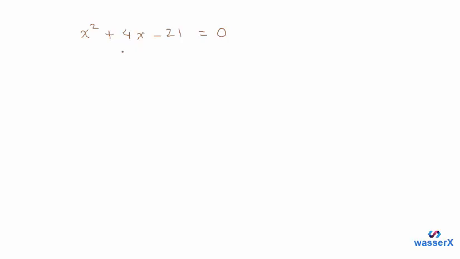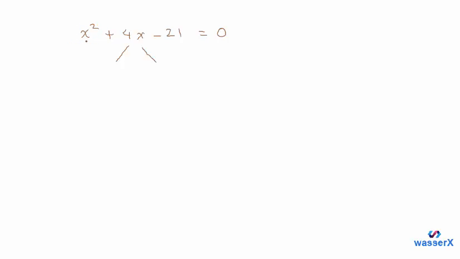The idea here is to split up the term in x into 2 parts so that they obviously add up to 4x. You can change the problem, right? If it's a plus 4x, they have to add up to plus 4x. So you need to find 2 numbers that add up to give you positive 4 and that multiply to give you the product of the coefficient of the term in x squared.